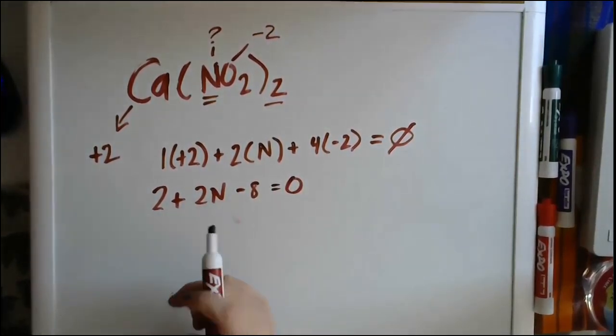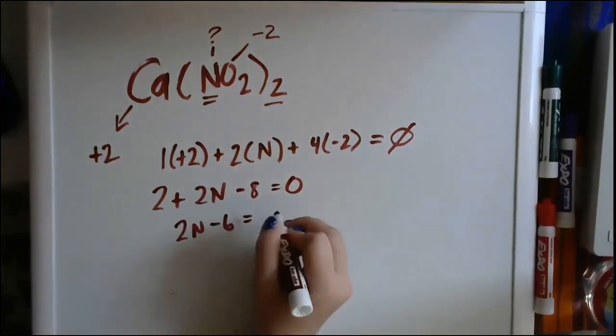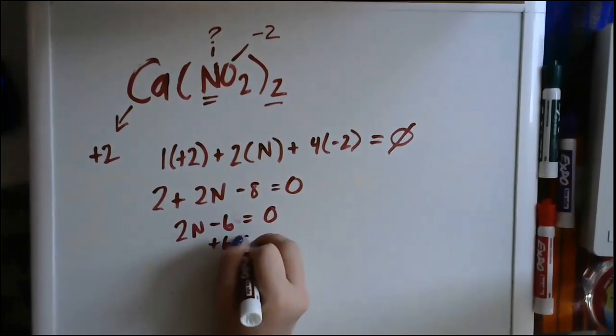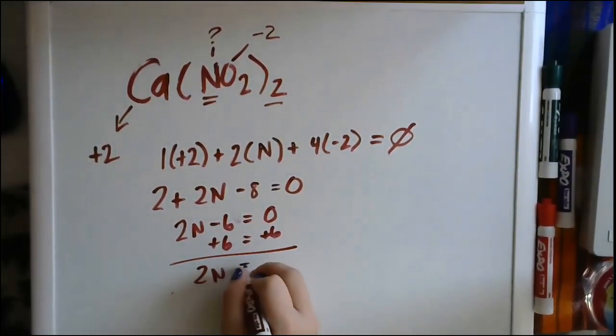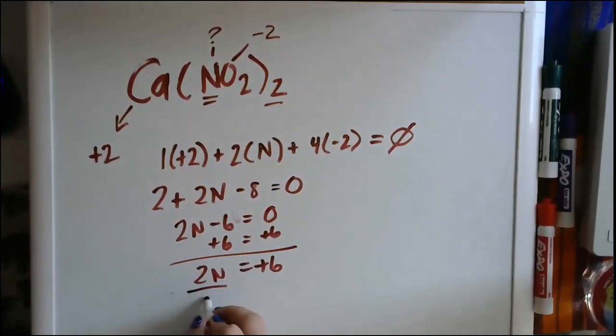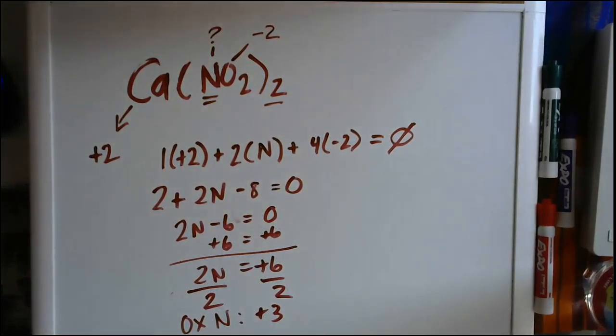I'll combine these ones. So 2 times nitrogen minus 6 equals 0. So the oxidation state for nitrogen is +3, which we already kind of had an idea of because we solved for the nitrite ion by itself before.